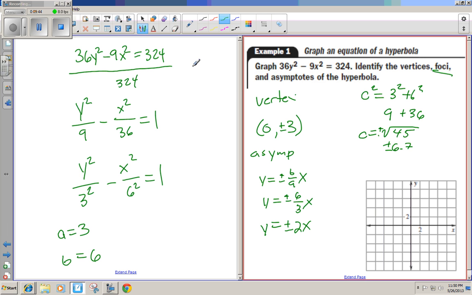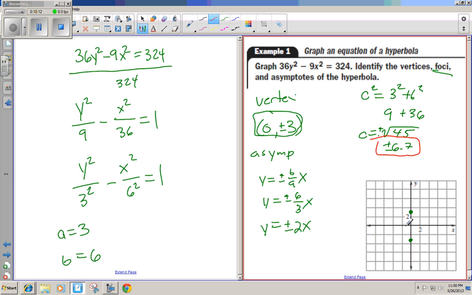So let's go ahead and graph this. Vertices at 0, positive 3, 0, negative 3. The foci, so we just did this part. The focus is at about 6.7.